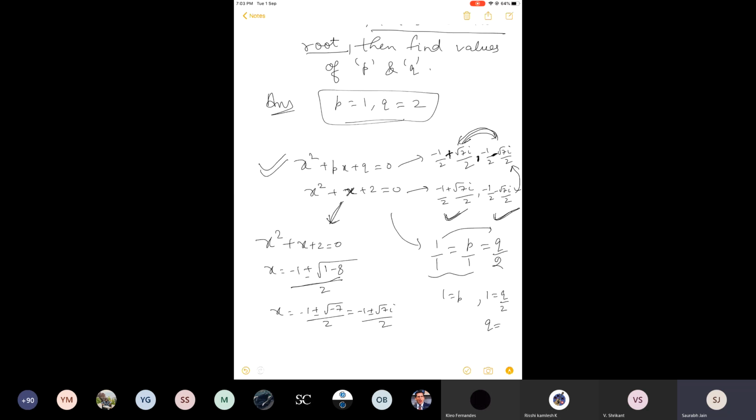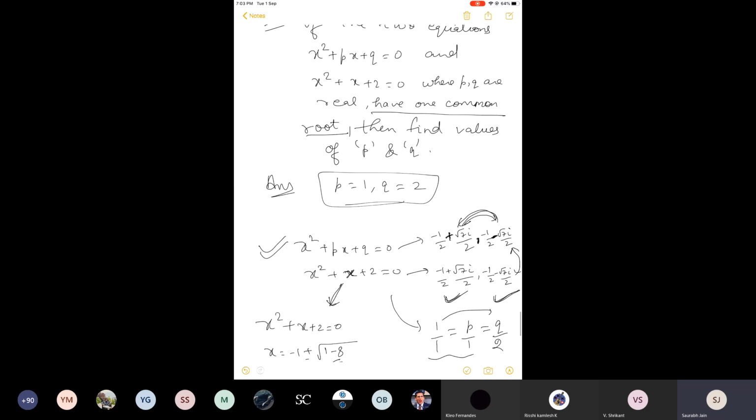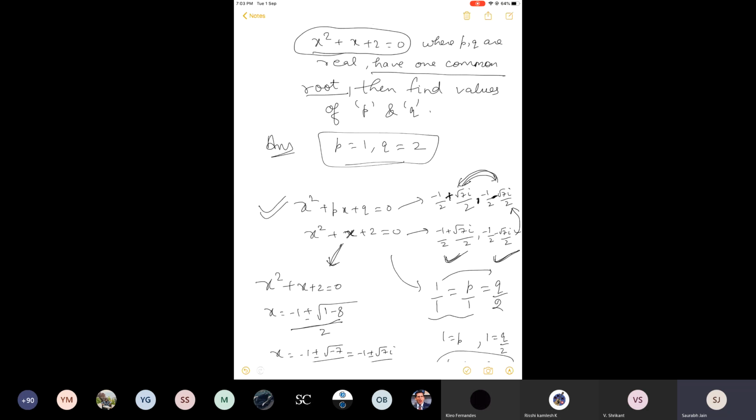Okay, so it is a very good question. Otherwise, you know what happens? Most of the students who do not understand the concept or who do not pay attention to the roots of the second equation start putting alpha in the first equation, put alpha in the second equation, start subtracting, and end up getting some value of alpha in p and q.